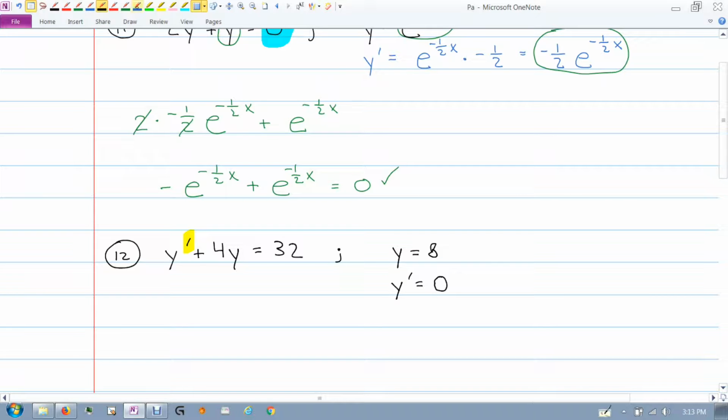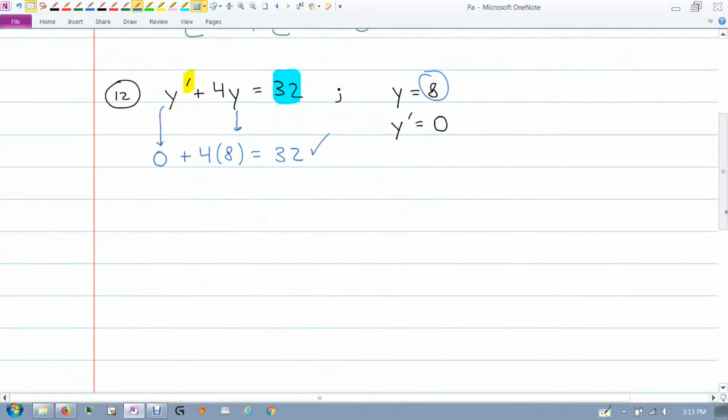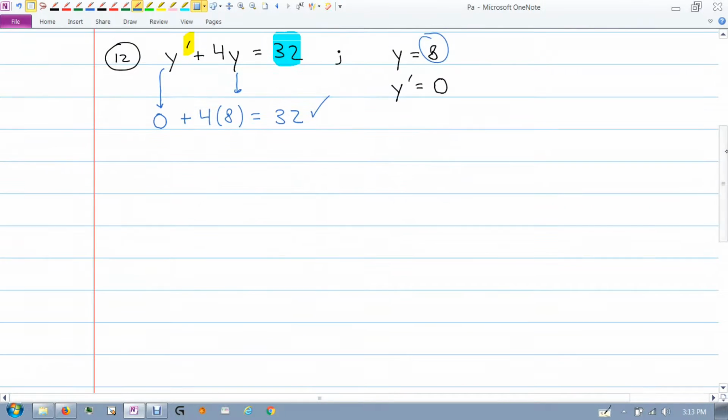So I'm going to go back and start plugging in. This becomes 0 plus 4 times y, but y is 8, so 4 times 8. And I want to make sure, does that equal 32? And it does. It's just some arithmetic here, so it checks out. Pretty straightforward on that one.